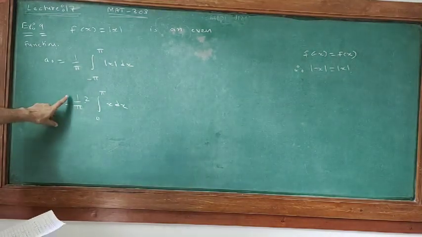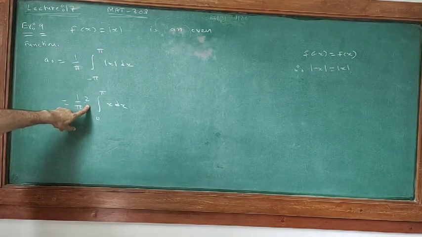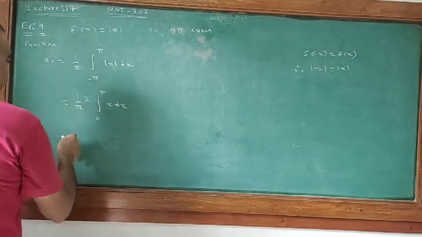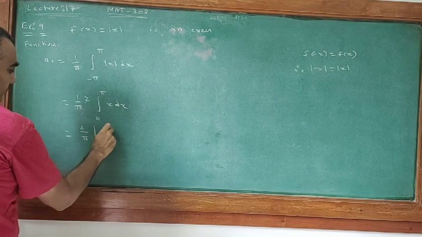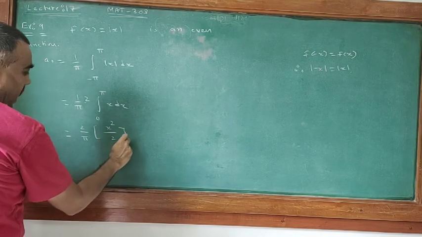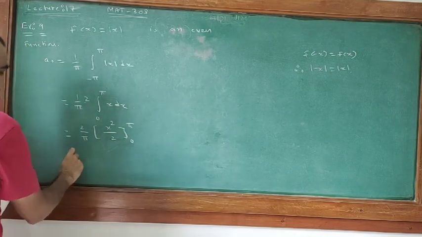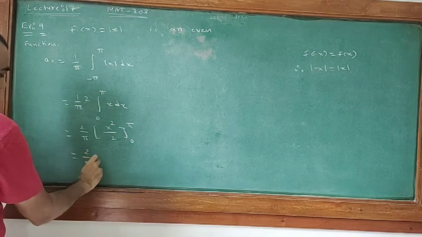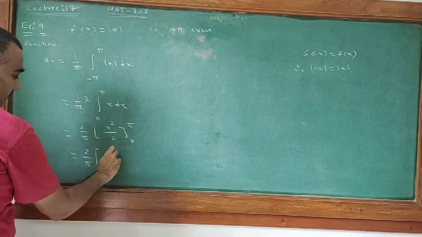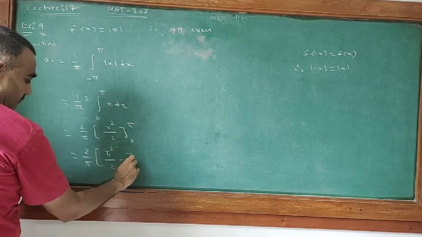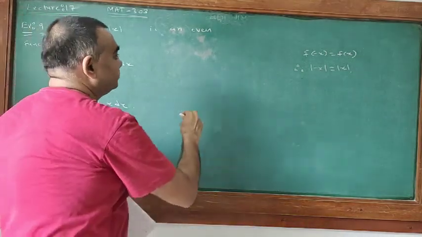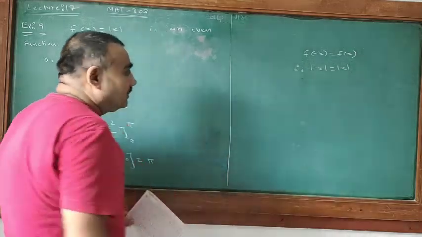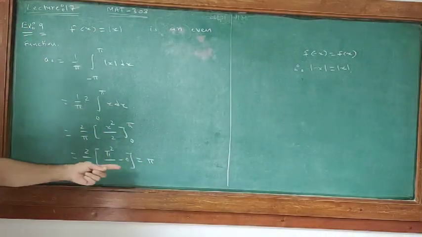So this is equal to 2 upon pi, x square upon 2 from 0 to pi. So it is equal to 2 upon pi, pi square by 2 minus 0. So the answer will be pi. So this is the value of a0.